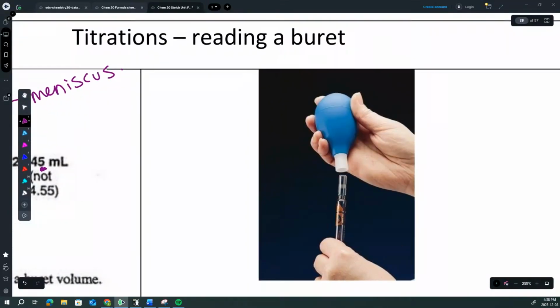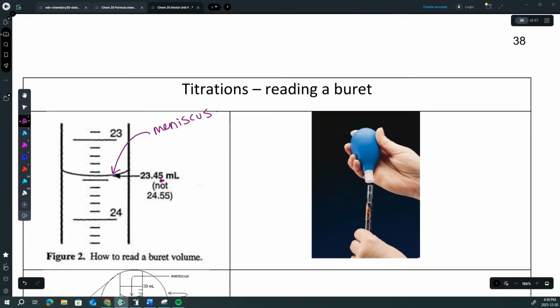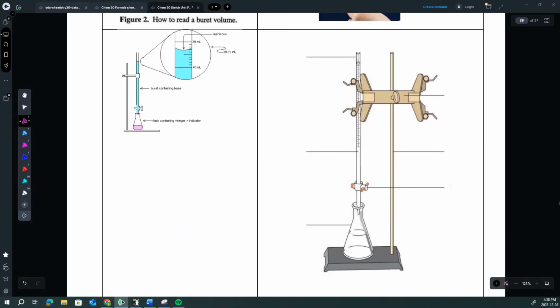So this is just a picture showing a pipette right here, which they're attaching a pipette bulb, which is how you would get a very accurate measurement of your sample, and you would use that to put that into the Erlenmeyer flask, which is this flask right here at the bottom.